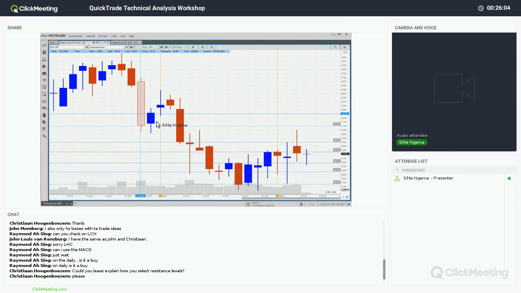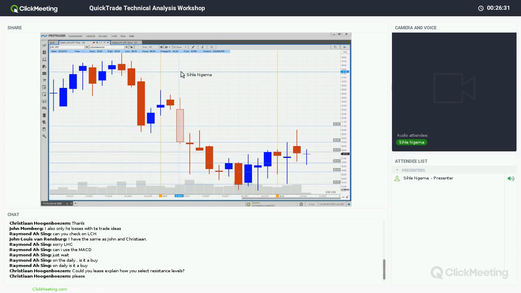Okay, for us to determine the direction of the market, or check where the market is going, or what the market has been doing over the past couple of months, or even weeks, we apply the moving average. The moving average that we use is called the simple moving average. How do you get that moving average?